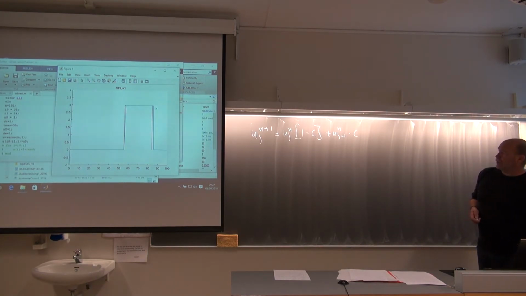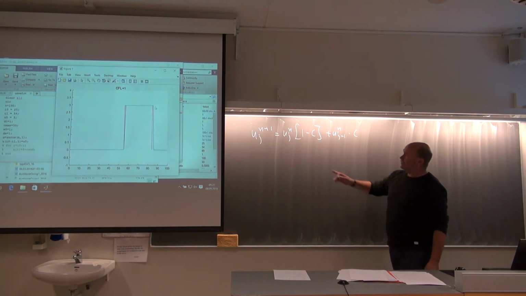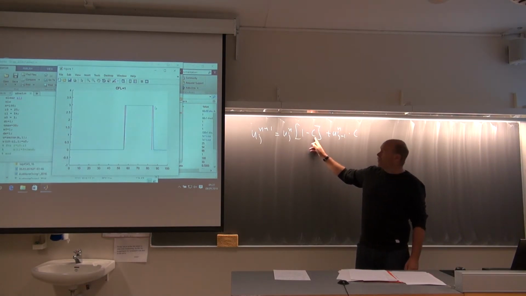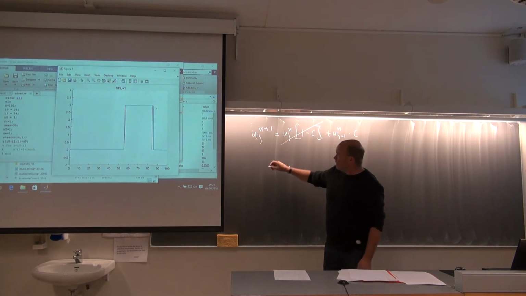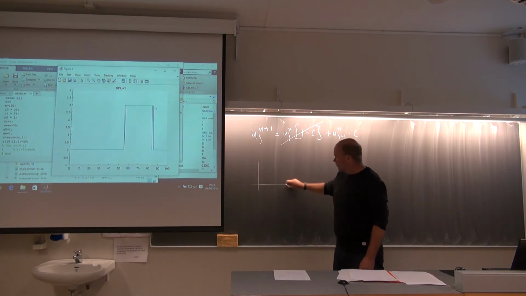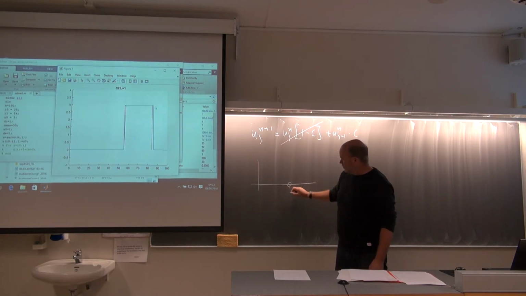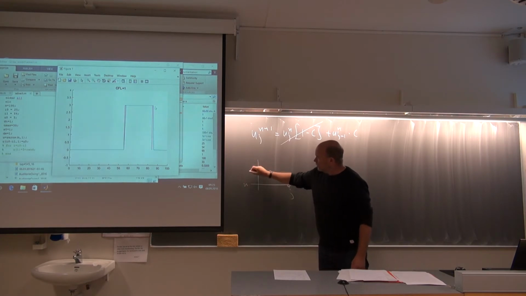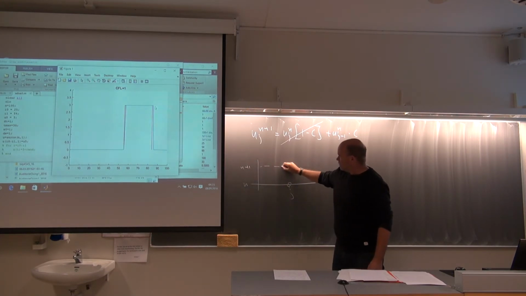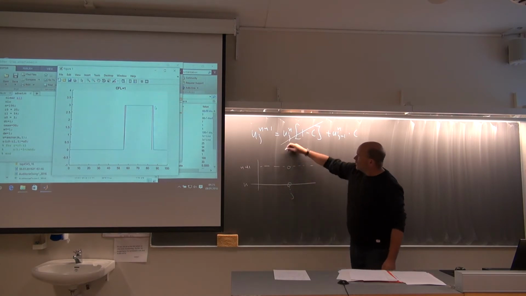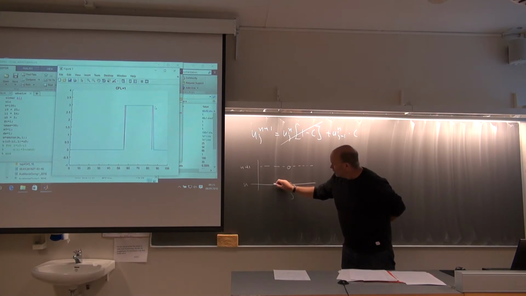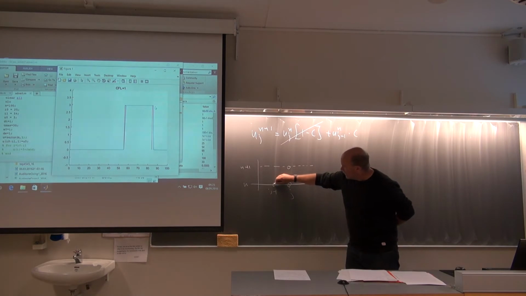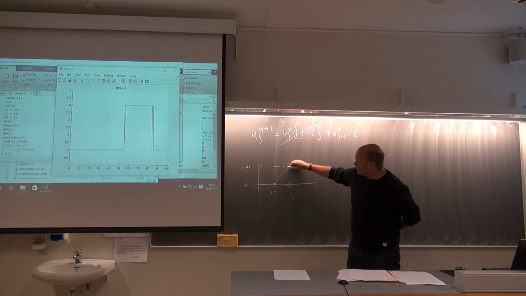And if you now choose, as you can see, a C equal to 1, this one disappears. And you are left with u_j^(n+1). The new velocity here is directly this one. So the only thing that happens is you take the value you have here and you transfer it straight up here.